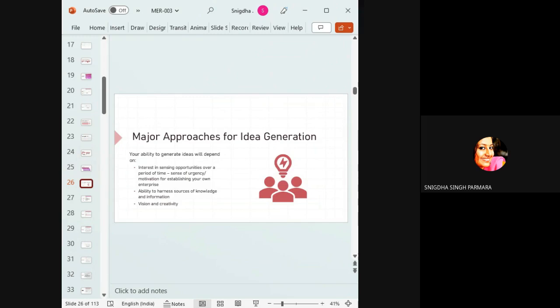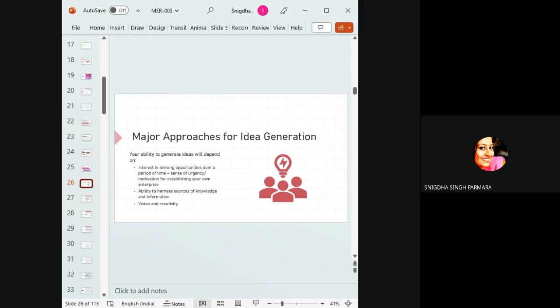Your ability to generate ideas is dependent upon your interest in sensing opportunities over a period of time. It is not a matter of one shot. You have to sense the opportunities over a period of time. You have to sense the urgency. You have to motivate yourself to establish an enterprise of your own.